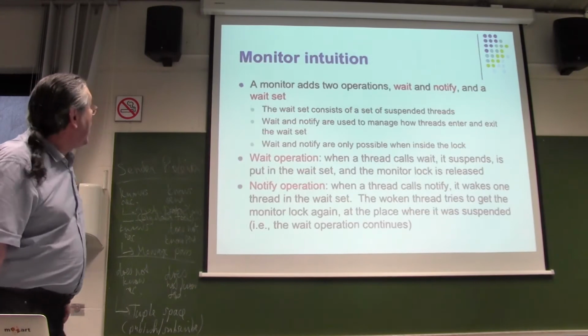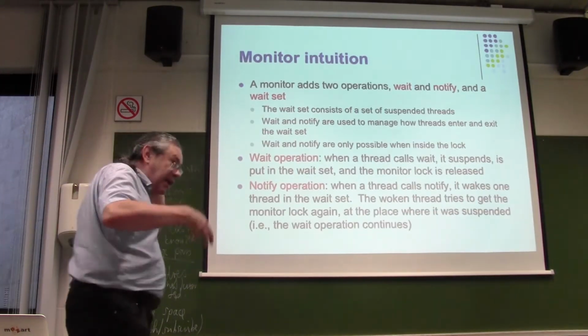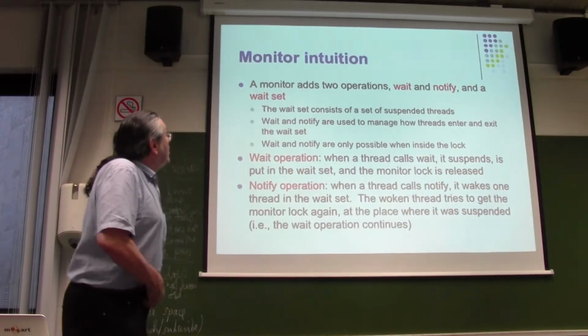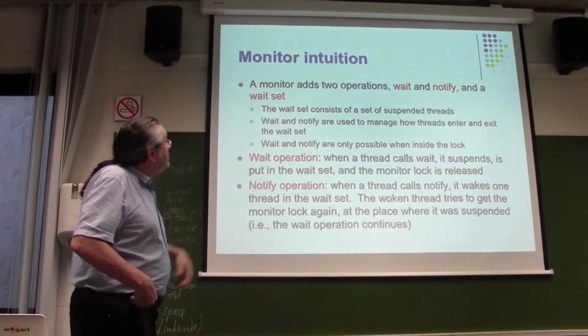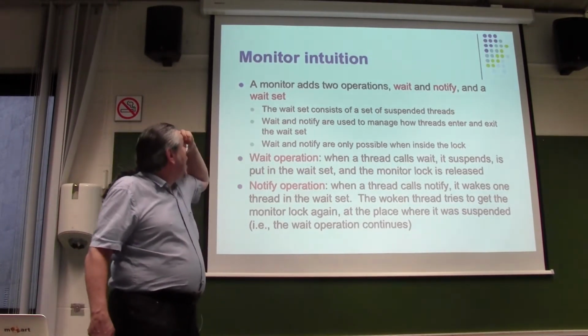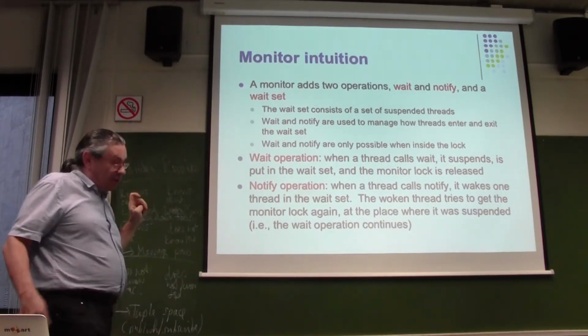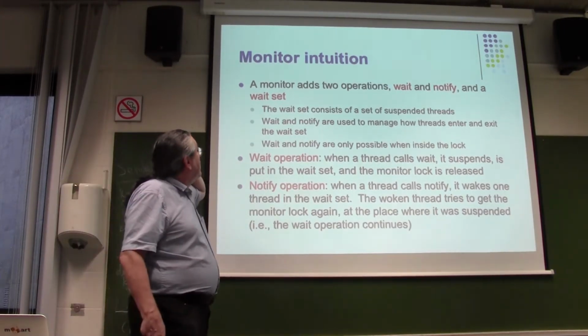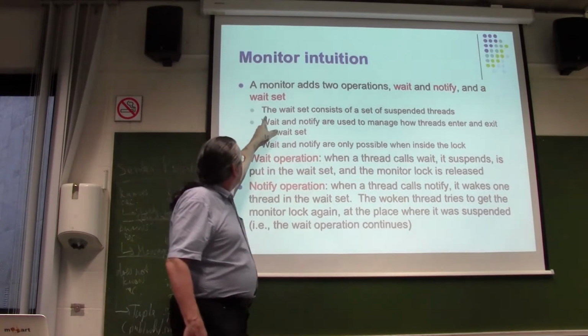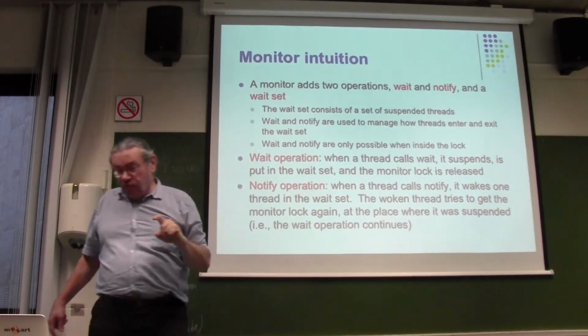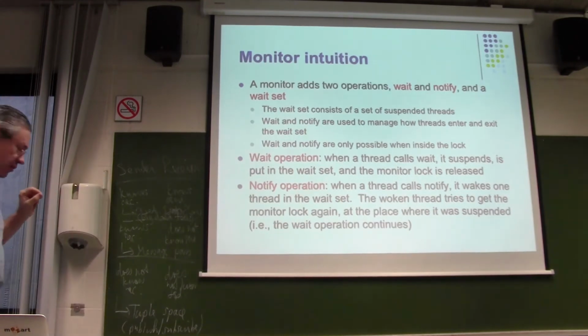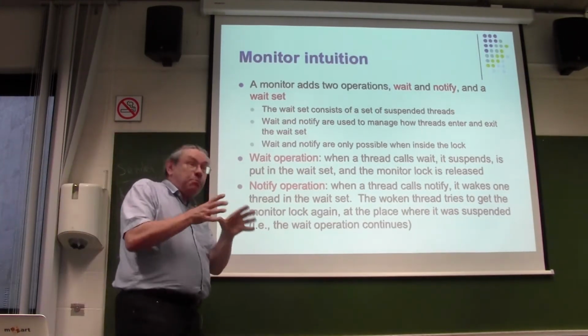So let's see how you extend the locks. The monitor adds two operations and a data structure called the wait set to the lock. So you have a lock plus that. The wait set is actually a set of suspended threads. The monitor lets you suspend threads.